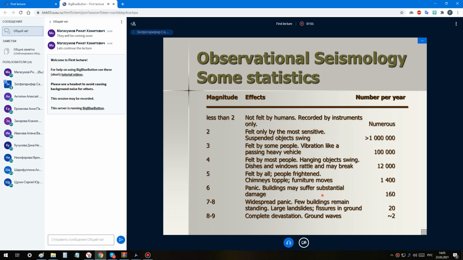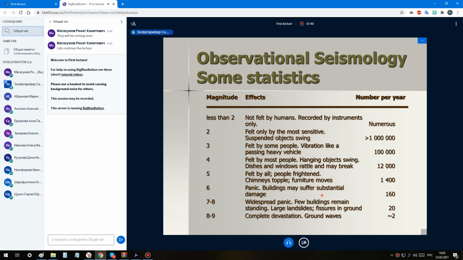In this table, column 1 shows the magnitude scale from 0 to 9, column 2 shows the effects of the magnitude, and column 3 shows the number per year of these earthquakes occurring.